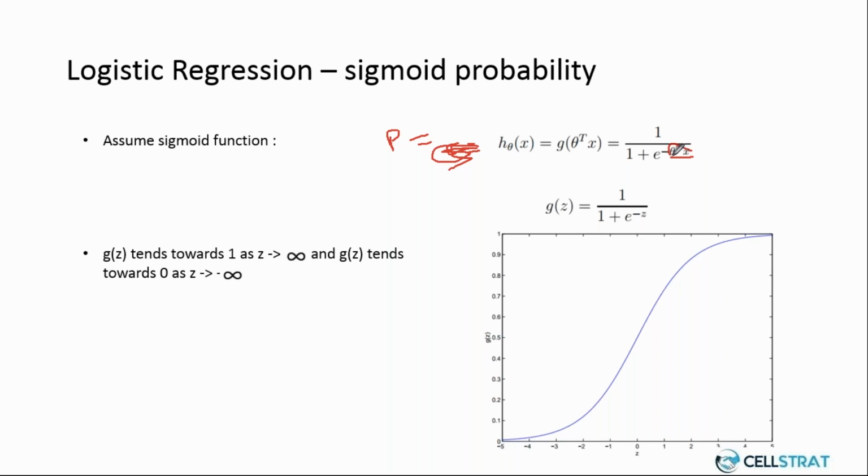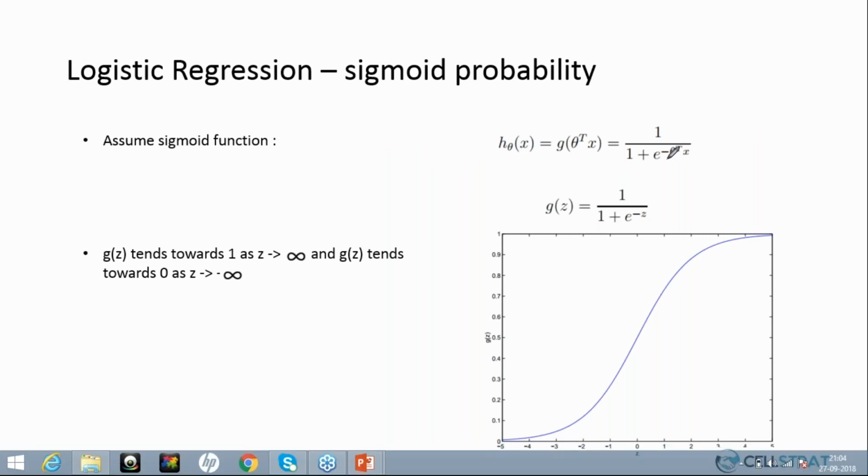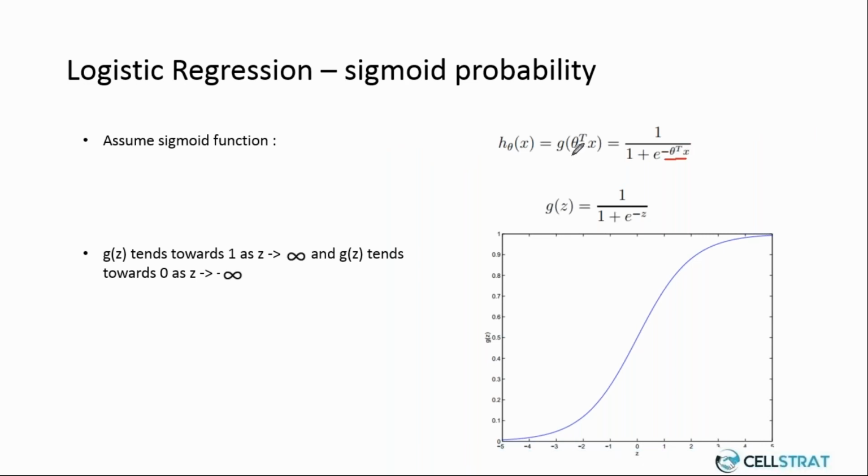It was simply the dot product of theta and x, right? And it has to be minus t, as we saw in the formula before. So this is the regression equation, this is the sigmoid function. Once we substitute this expression here, this is what gives us the probability.